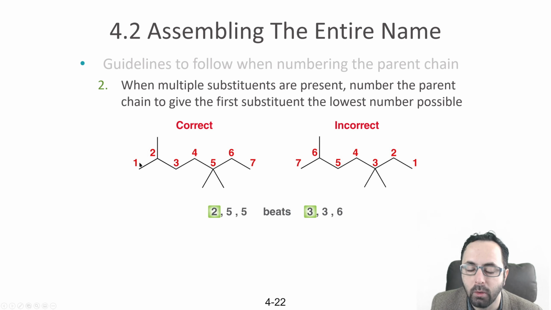However, if we number from left to right, 1, 2, we hit the first branch at number 2. And so our branches are going to be at number 2 and 2 branches at number 5. And it's because the 2 beats the 3. If you have a tie with the first number, you move to the second number to decide which direction to number from.